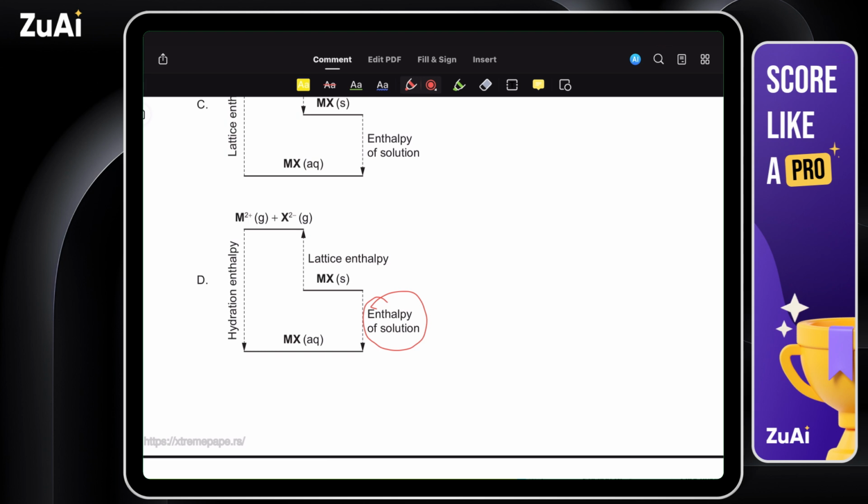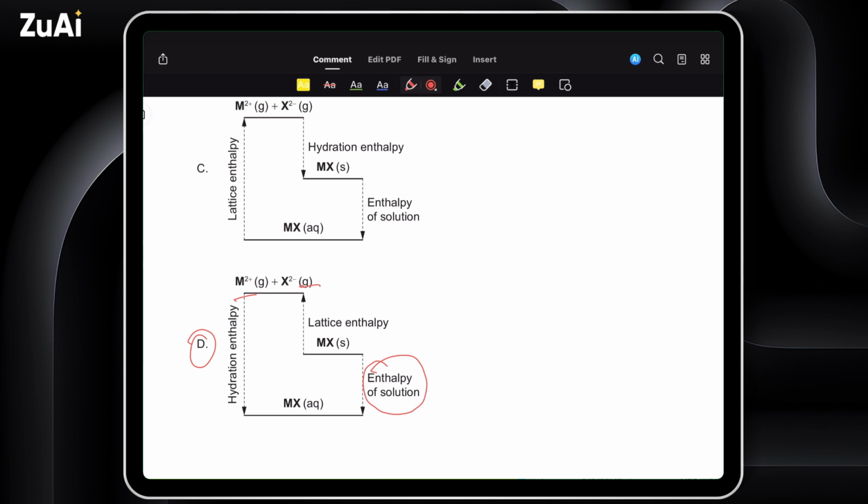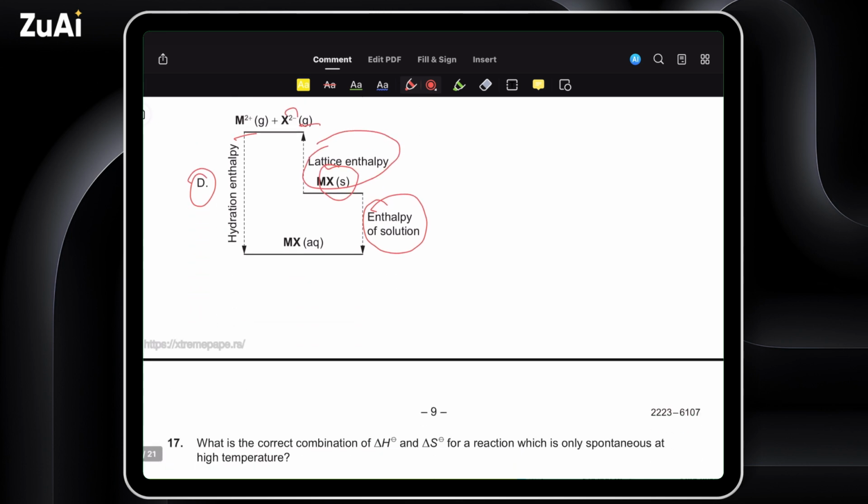And lattice is always going to increase. Yes, so hydration is always negative. That's why. And the solid turns into gaseous ions, so whenever solid turns into gaseous ions, it is always lattice.